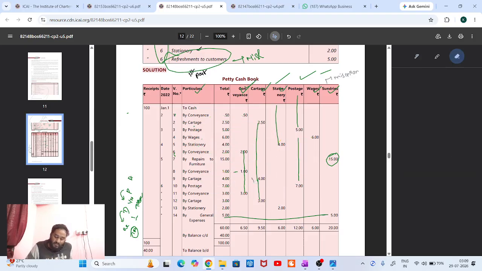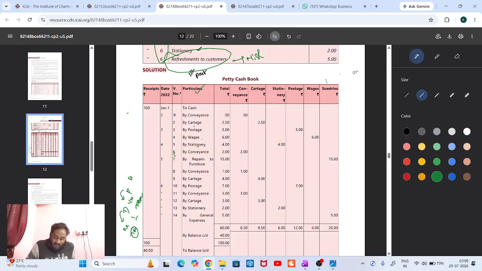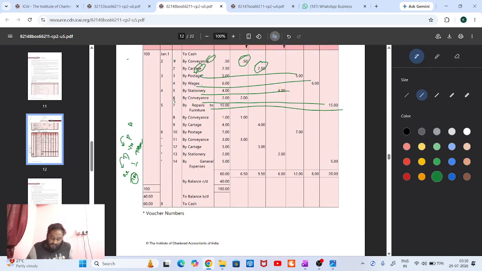Again, I'm telling you, do not get confused. This is a very simple thing. I know it is simple for you too. Since you have written conveyance, only write in the conveyance column. Cartage only in the cartage column. Postage only postage. Wages only wages. Stationery only stationery. Repairs to furniture in the miscellaneous. So write the total.